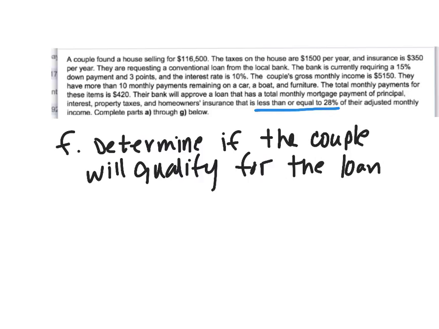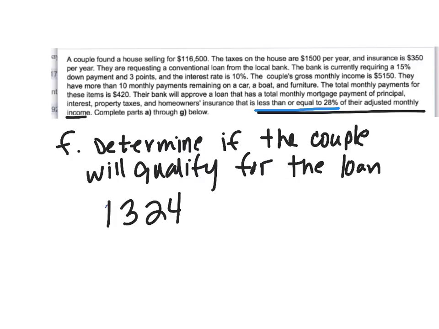Remember we figured out what 28% of their income was back in part C, and we found that 28% of their income was $1,324. And again, that was what we got back in part C, where we figured out that 28% of their adjusted income.